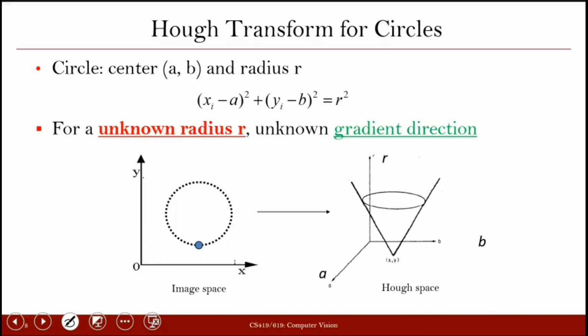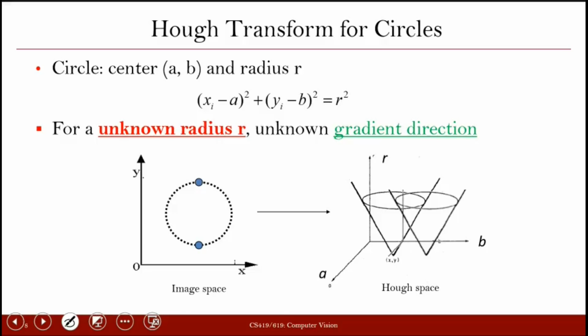Okay, and the surface of the cone will actually decide the parameters. So if you choose any point on the surface of this cone, that will decide the appropriate A, B, and R, and based on that we can define the circle. Okay, so if you have multiple points here, for every point you will find that there will be a cone here.